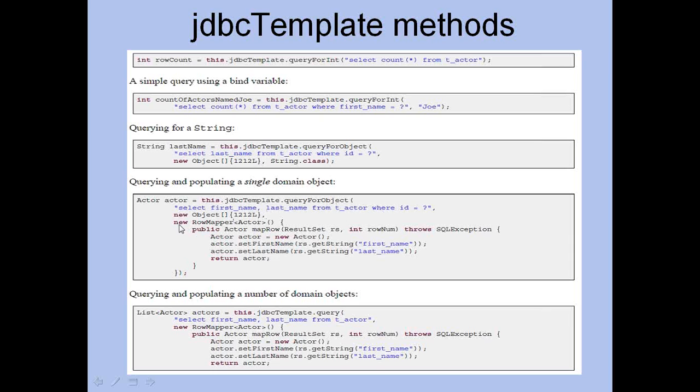Here what we are doing is new RowMapper of Actor. This is called a callback method. You open the curly bracket, close the curly bracket. This entire part is called a callback. Callback method means once the query execution is done and the results are retrieved, this method gets called. And this is within the queryForObject, and you close the new RowMapper.